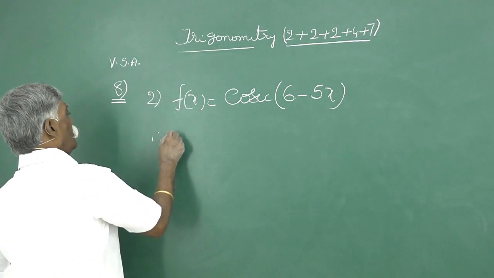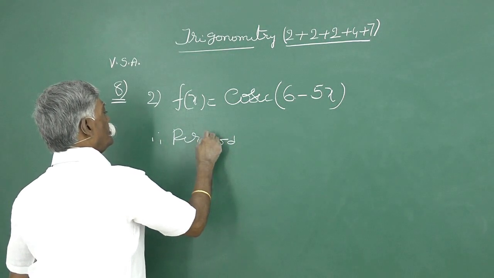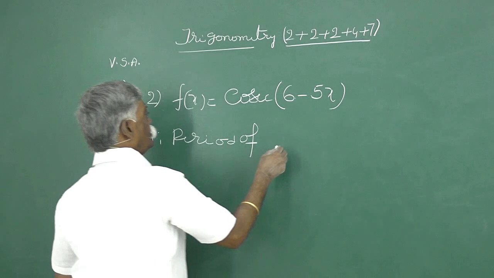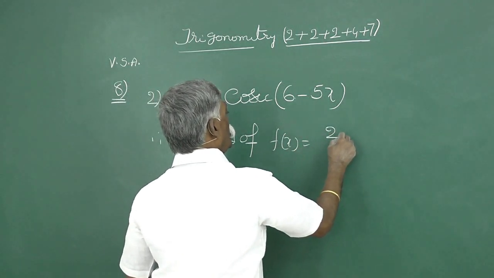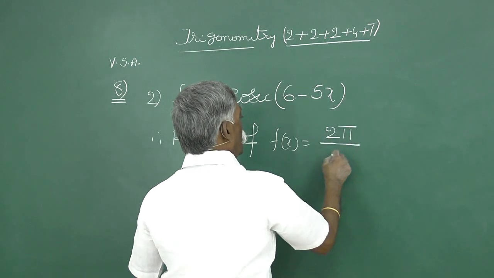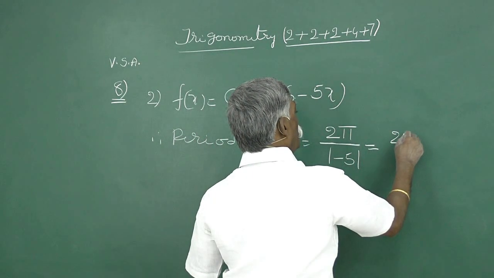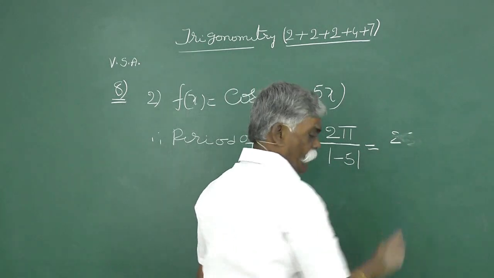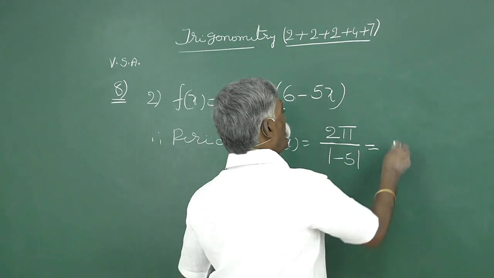Therefore, f of x is equal to 2 pi by modulus of minus 5, or directly you can take only the absolute value and write 2 pi by 5.